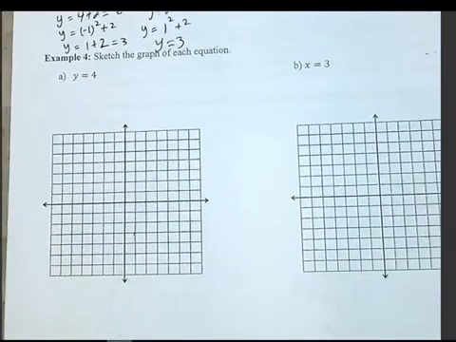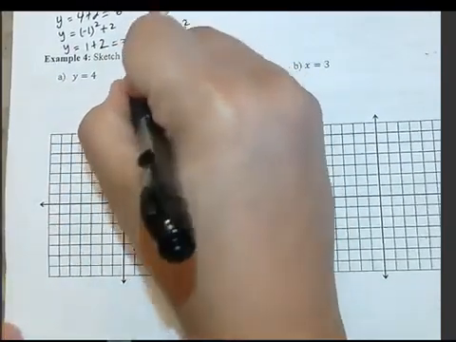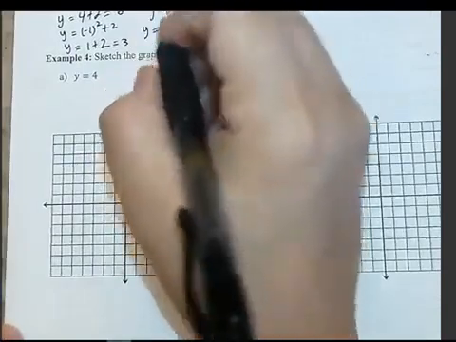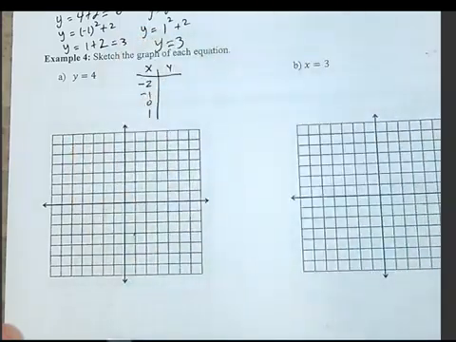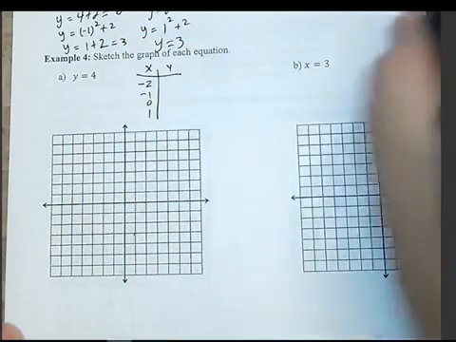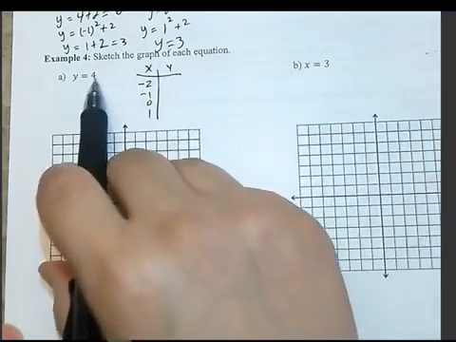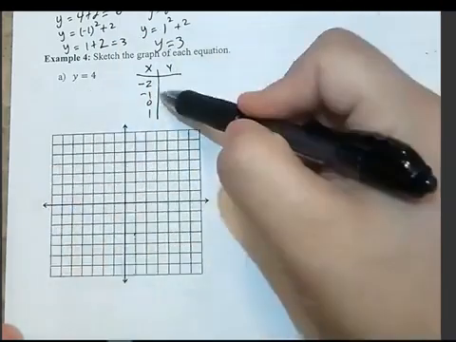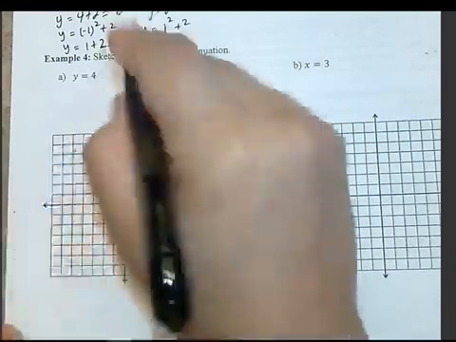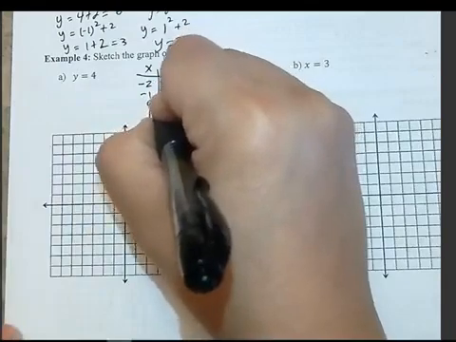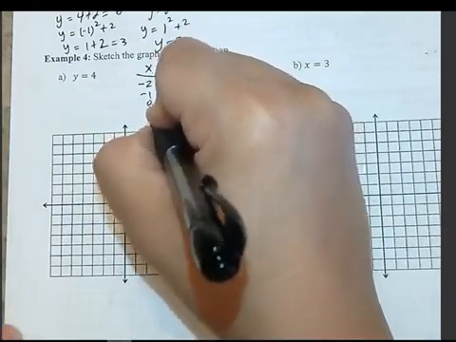y equals 4. We can create our own table. So let's say x is -2, -1, 0, and 1. So if you notice in the equation, we don't have an x. So what they're telling us is no matter what x you choose, your y is always going to be 4. So if x is -2, y is always going to be 4. And no matter what the x is.